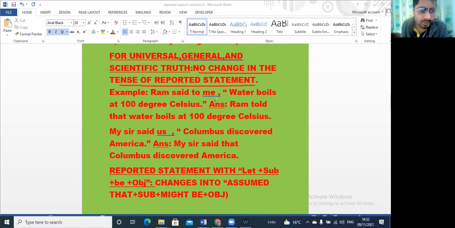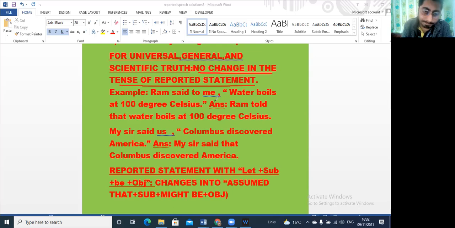Let me talk about universal fact, just like the earth is round, but actually the earth is not completely round. It is like an orange pressed at the opposite poles.